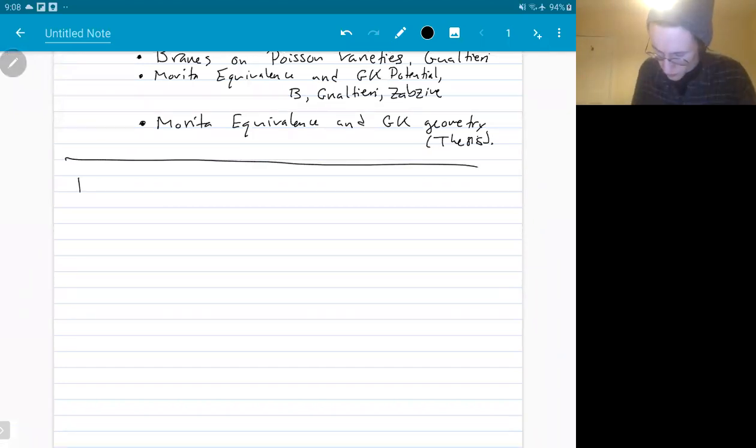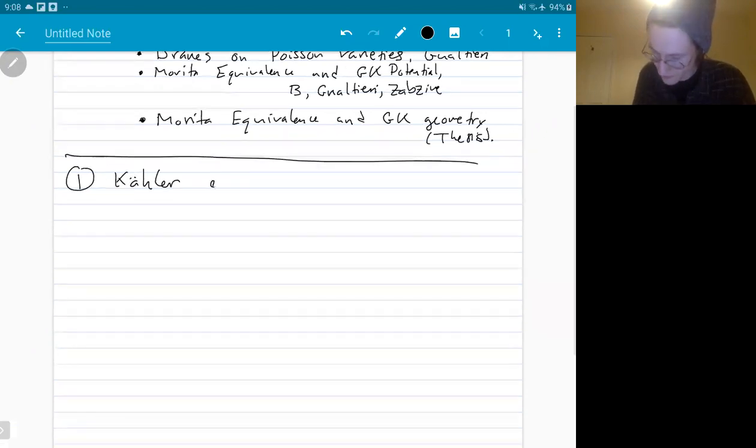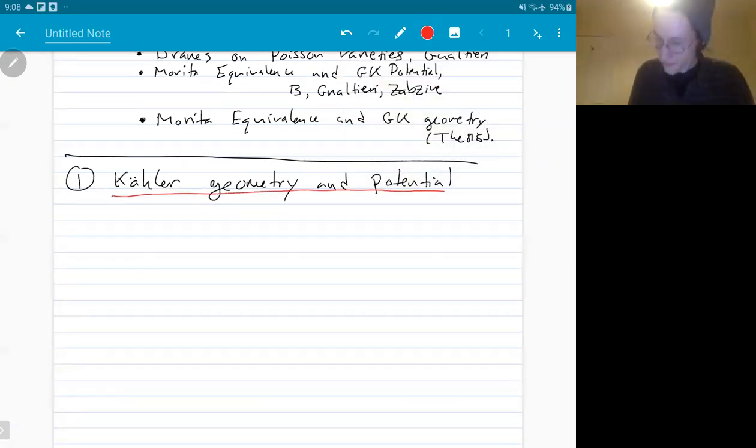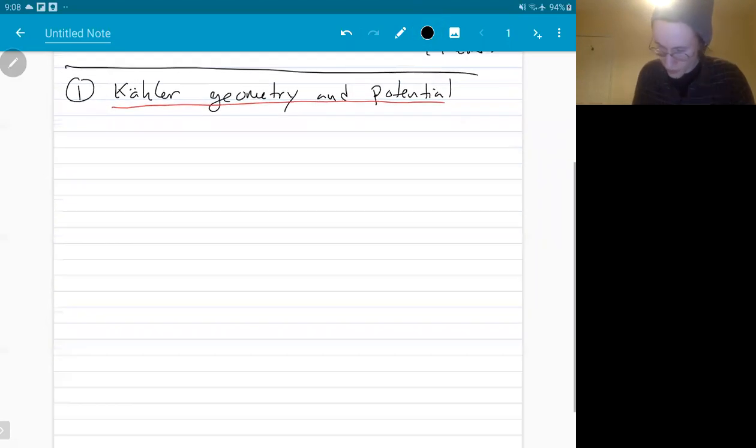So for the first part, I guess I'll talk a little bit about what happens in the case of Kähler geometry. So I'll just recall the Kähler potential. So for this, let's start with a Kähler manifold.